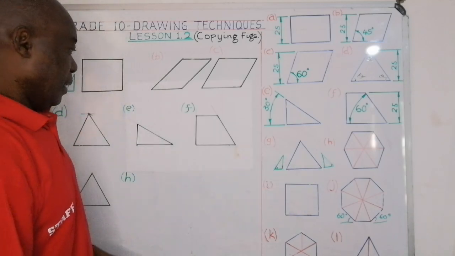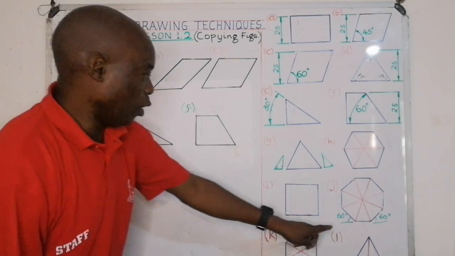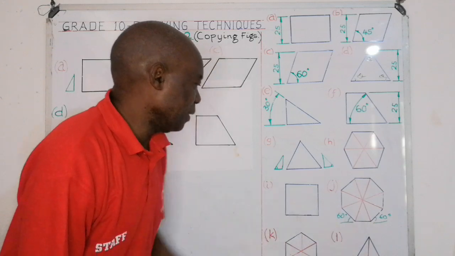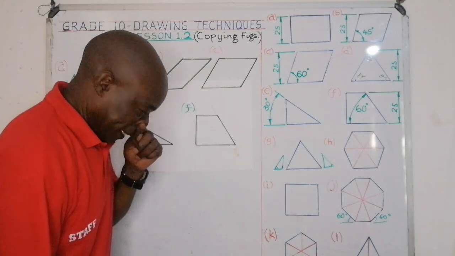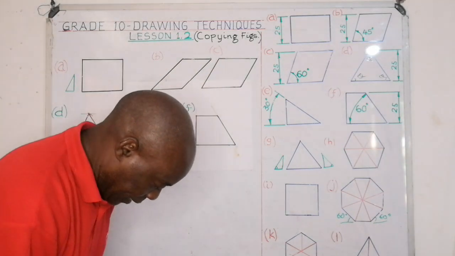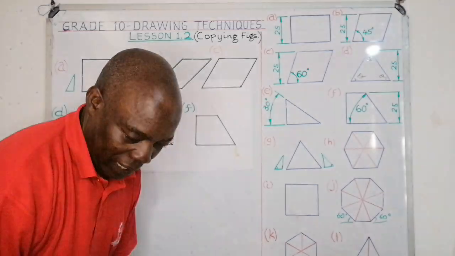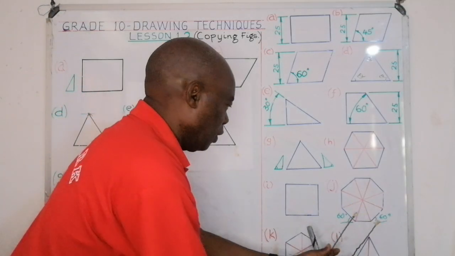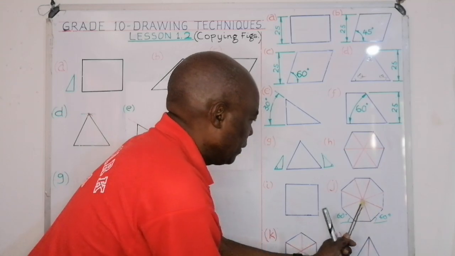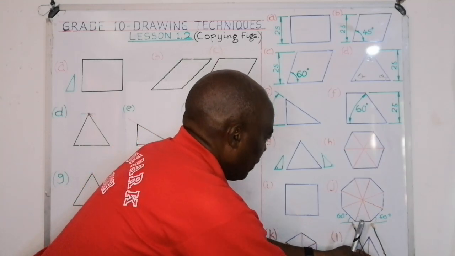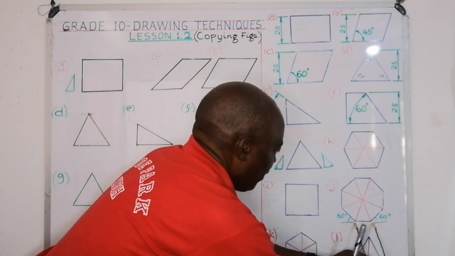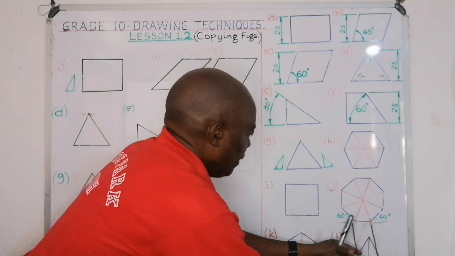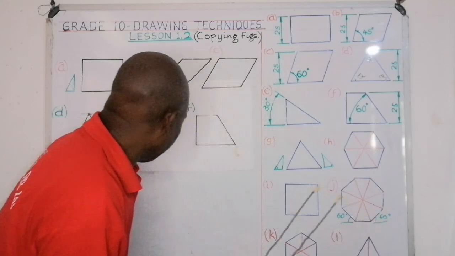So we're going to first of all draw the given side. I will mark it off from the given diagram there using my pair of dividers. So that's my given side there. Okay, that's it.